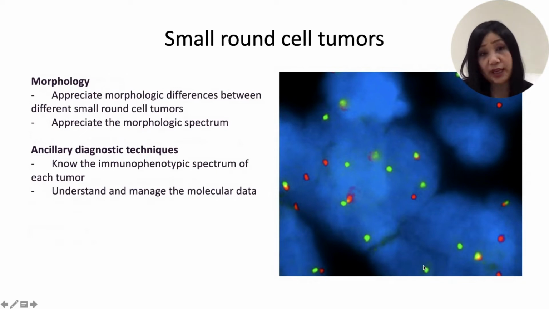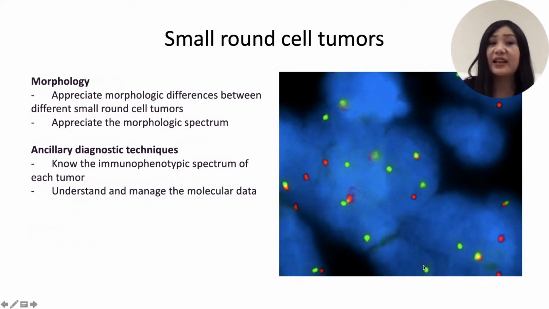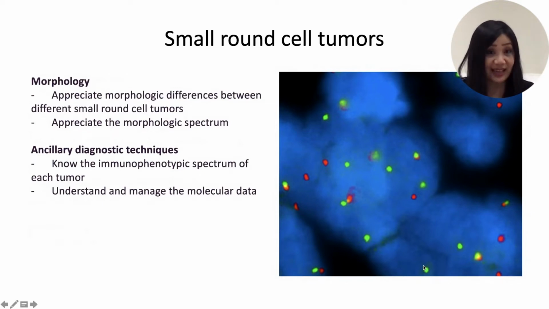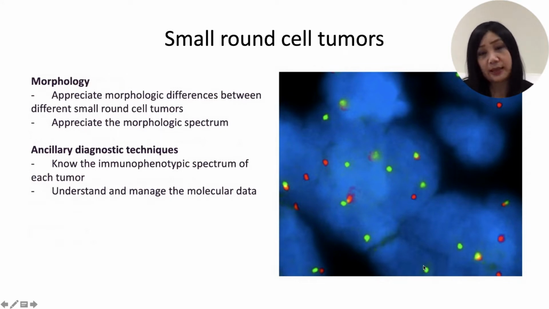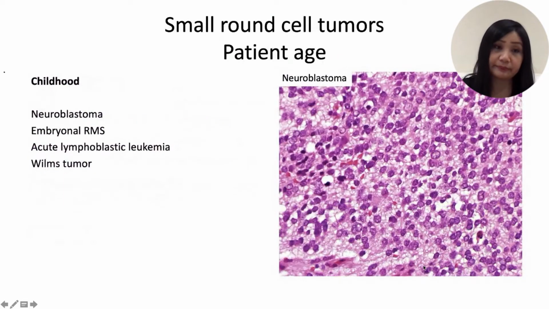So we need to appreciate the subtle morphologic differences between different small round cell tumors, appreciate the morphologic spectrum of each, and also be familiar with the ancillary diagnostic techniques. So for us to know the immunophenotypic spectrum of each tumor, because as we might have guessed, there is no specific immunoprofile for any of these tumors. So we need to be aware of the whole immunophenotypic panel. And also we need to at least understand and know how to manage the molecular data.